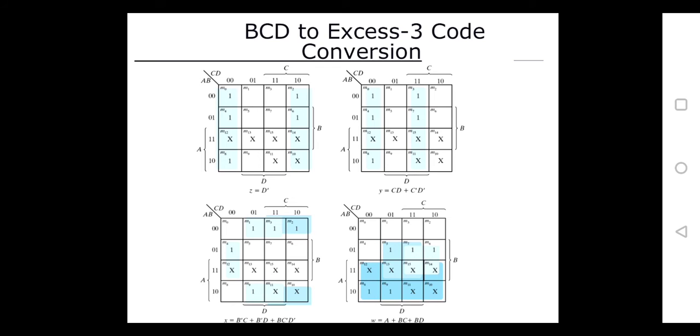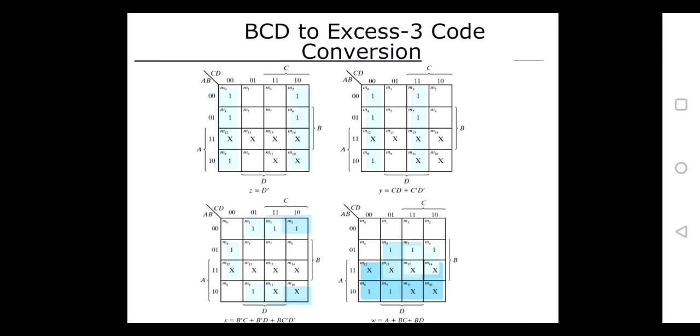Similarly, if we group 6, 7, 14, 15, we get the term BC. So W equals A plus BC plus BD. Similarly, we need to perform the same procedure for X, Y and Z, and we will get the expressions for X, Y and Z.